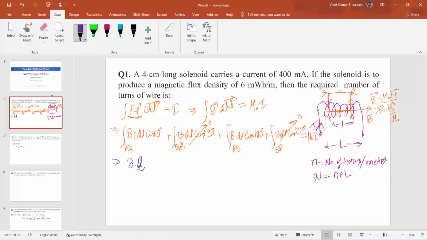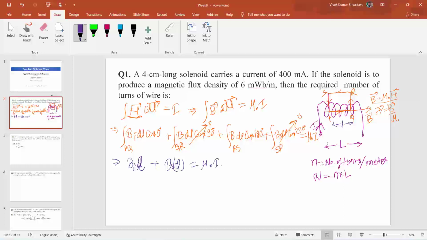Then B l plus, here the value is B naught into l with a minus sign, because it's cos 180 degrees, equal to mu naught into I.